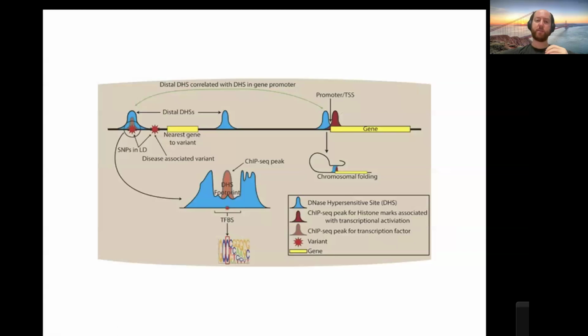Trying to map all these regulatory elements, all these things which are far away from genes, but then loop to genes in three dimensions and essentially switch them on and use very specific proteins to achieve this task.